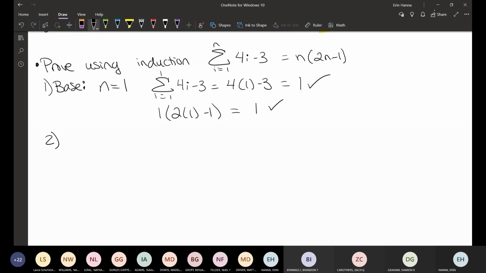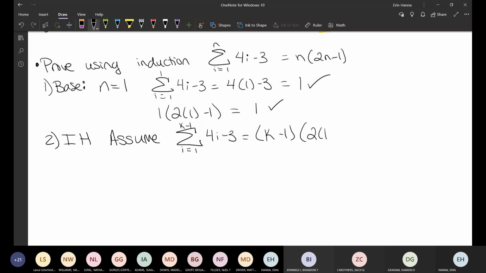Inductive hypothesis. You just assume it's true for k minus 1, wherever n is. And say for k greater than 1.